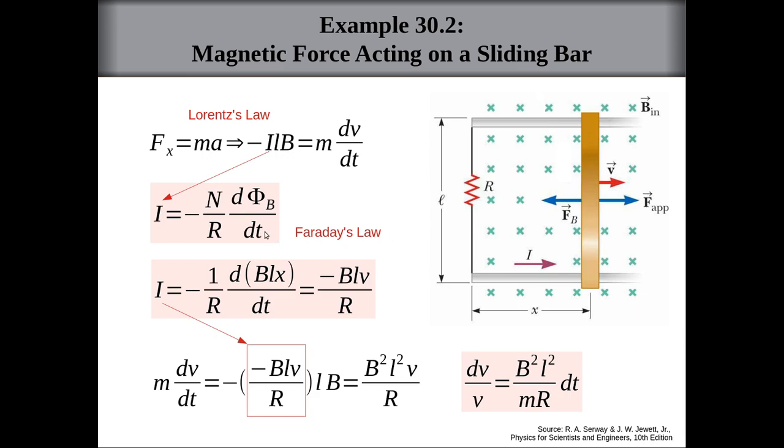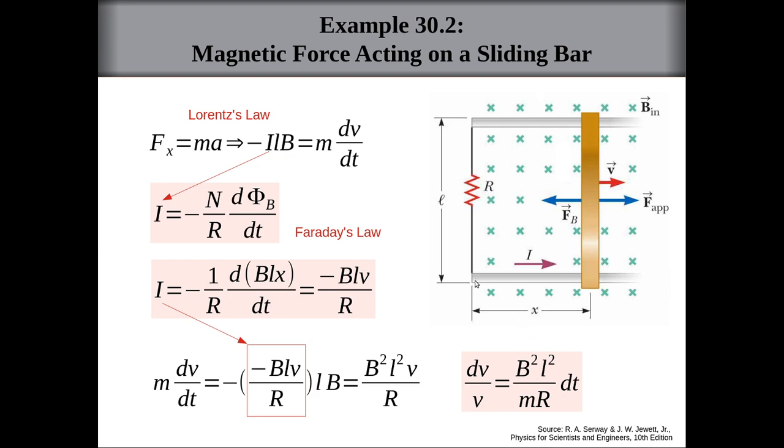And the magnetic flux is the magnetic field B, and L is the length of the bar, and x is the width of your closed loop.